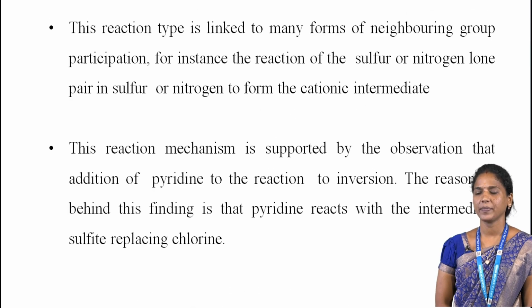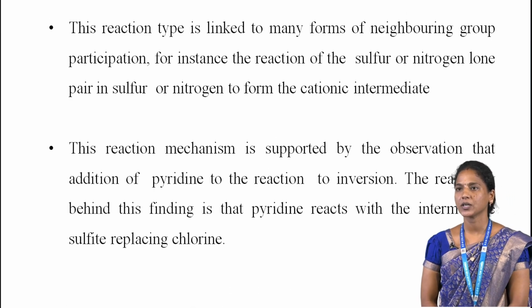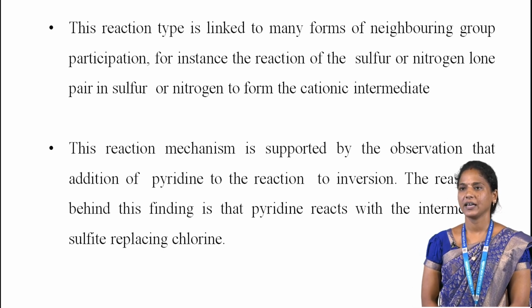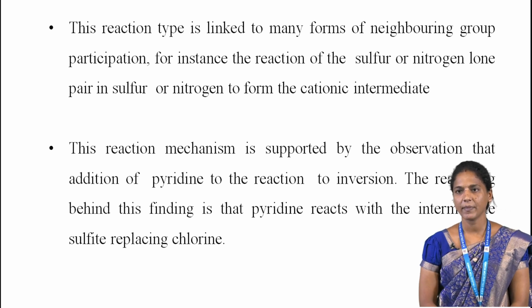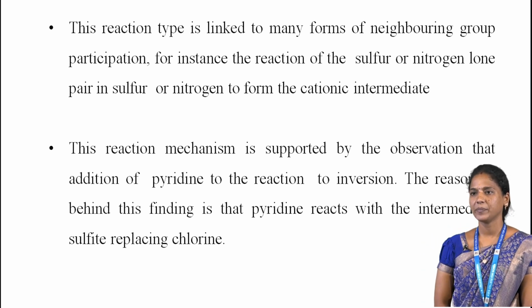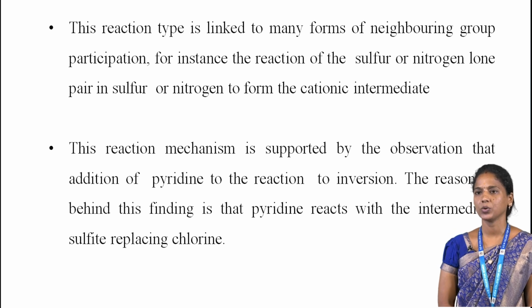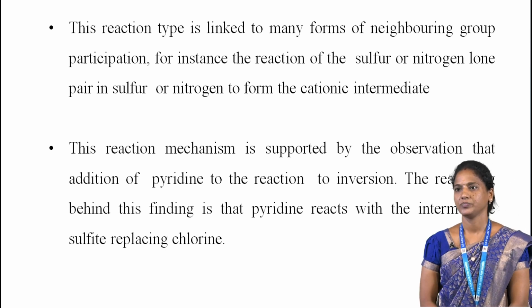This reaction type is linked to many forms of neighboring group participation, for instance the reaction of a sulfur or nitrogen lone pair to form a cationic intermediate. The reaction mechanism is supported by the observation that addition of pyridine to the reaction leads to inversion.